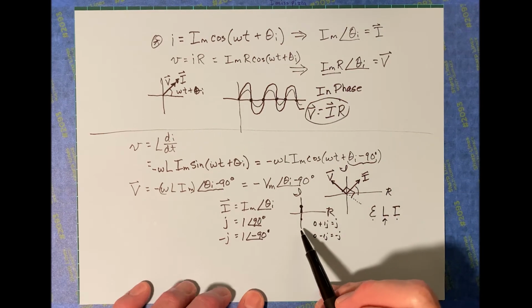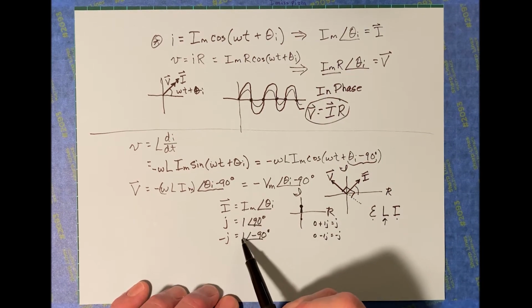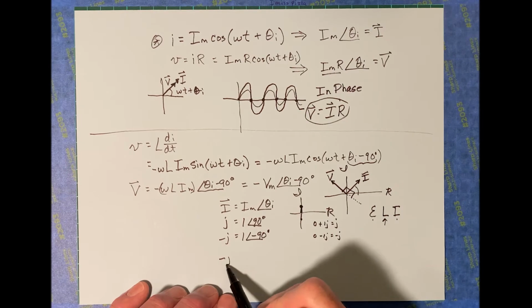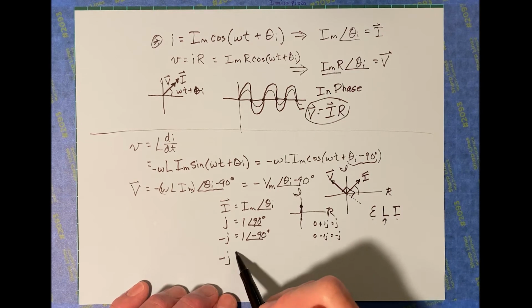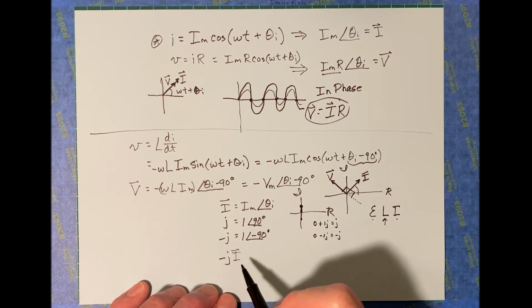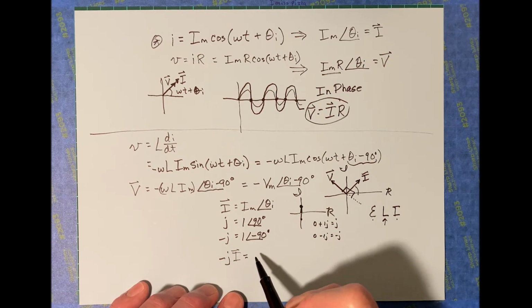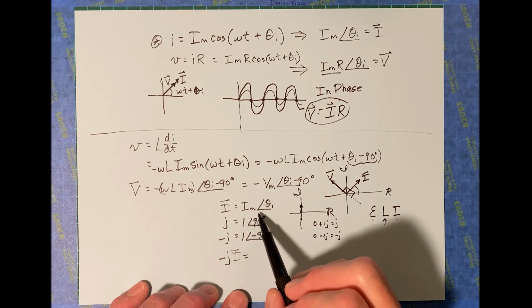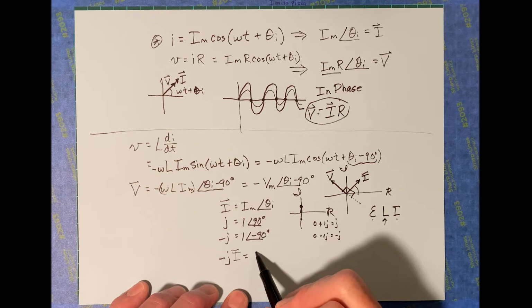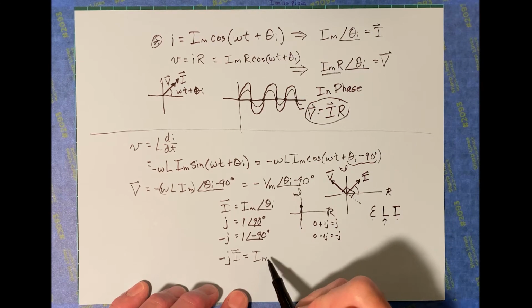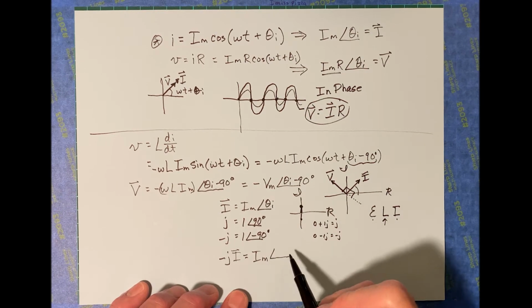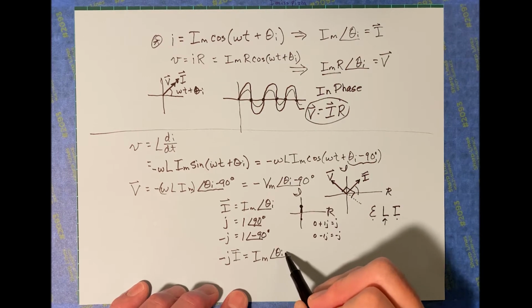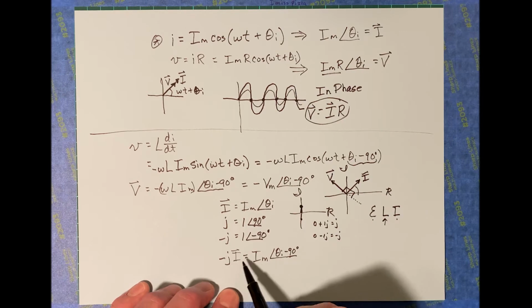Okay, so if I take negative j and I multiply it by phasor I, I end up with I sub m angle theta sub I minus 90 degrees. Now how did I do that?